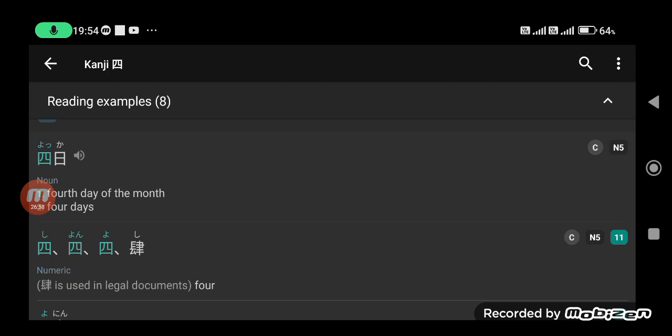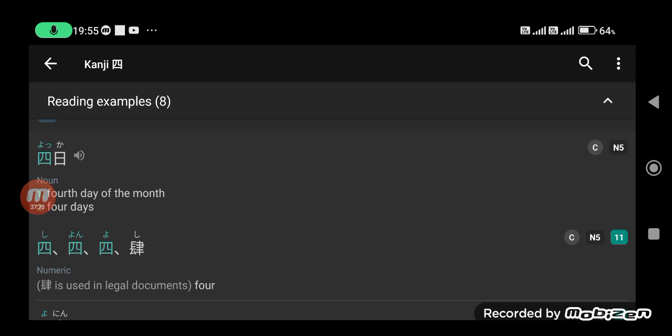So yotsu plus ka is not yotsu ka. You silence the tsu, and in exchange you put some emphasis on the first letter of the ka. That's k, so that's a double k. So yo plus ka, yotsu.